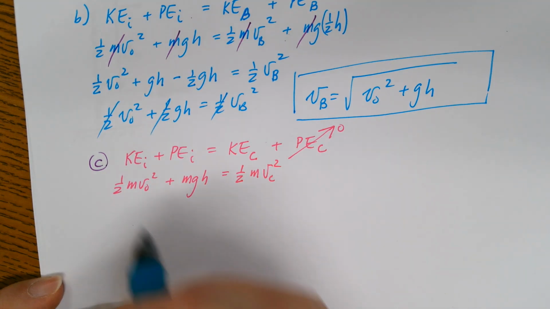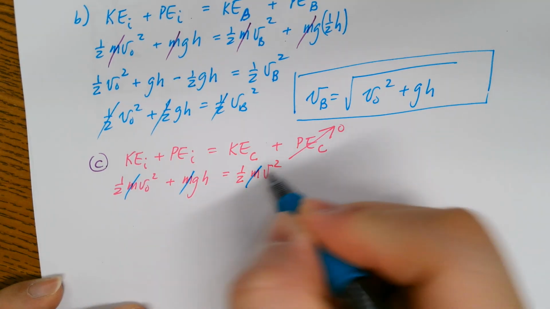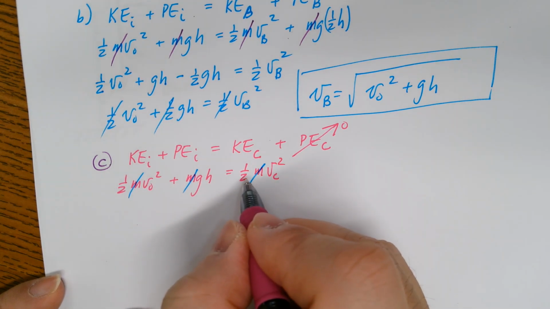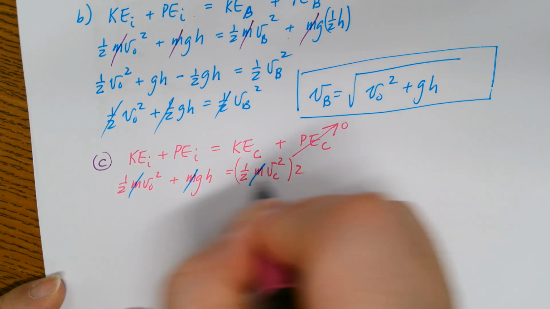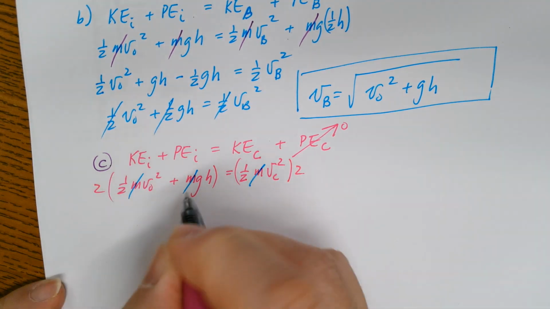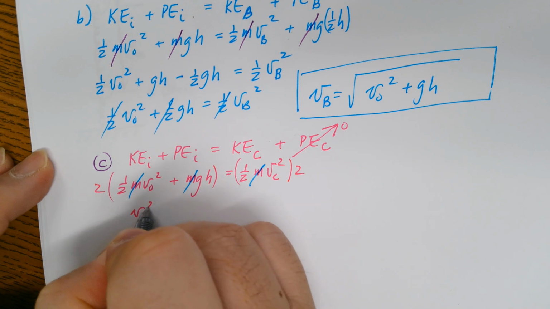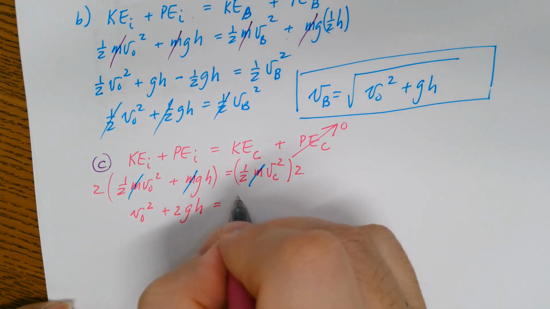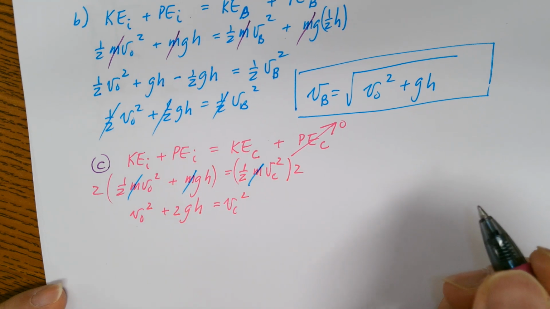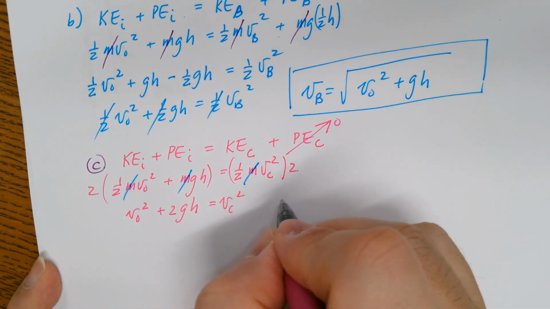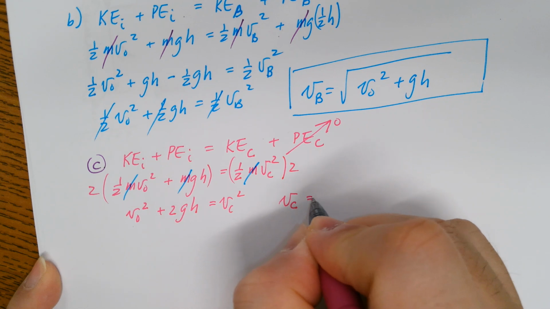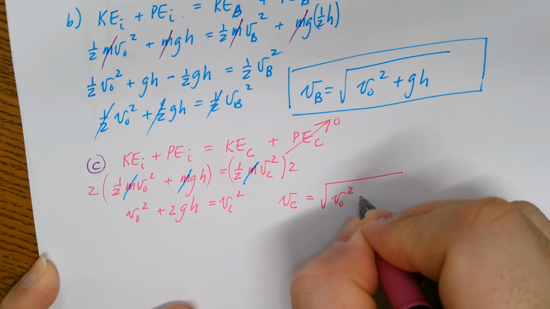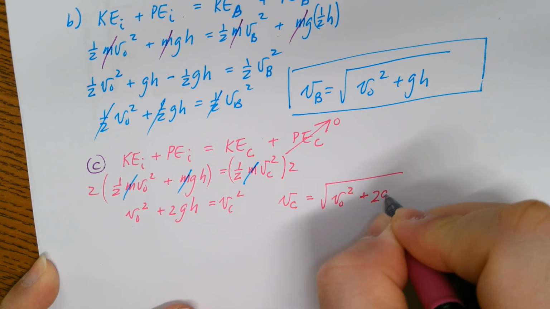Again, all the masses can cancel out nicely. If you multiply 2 to both sides, you get v naught squared plus 2gh is equal to vC squared. So vC is equal to the square root of v naught squared plus 2gh.